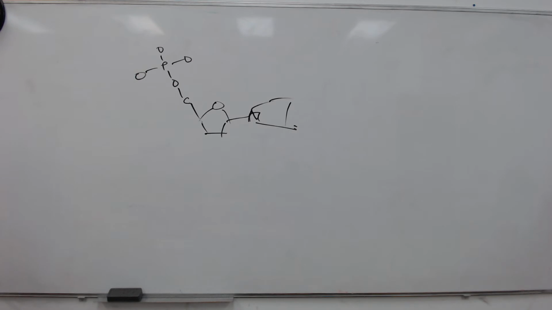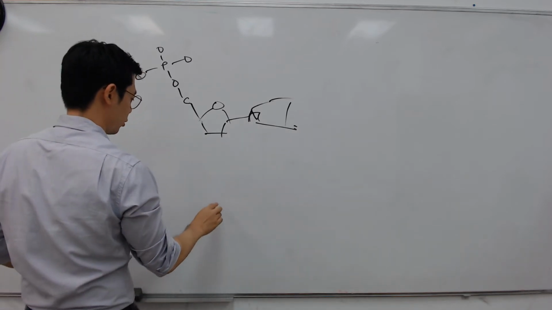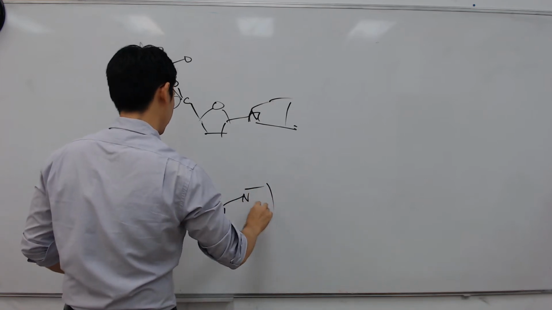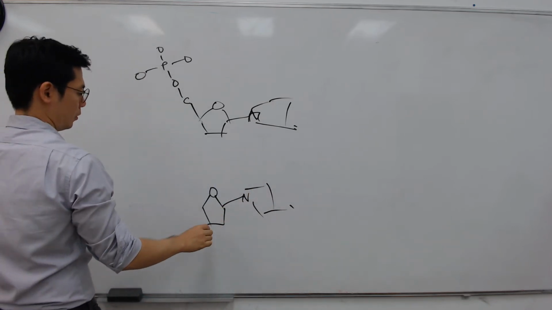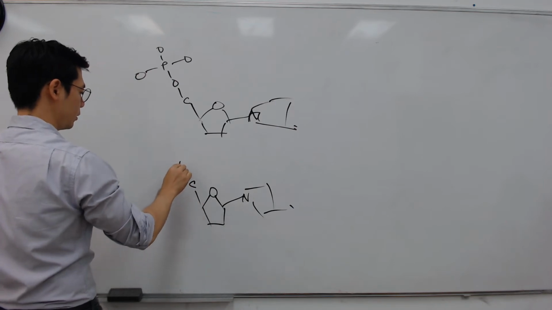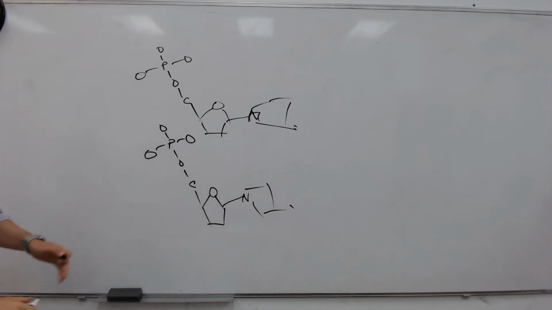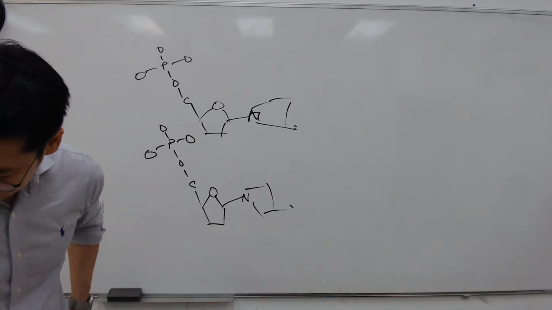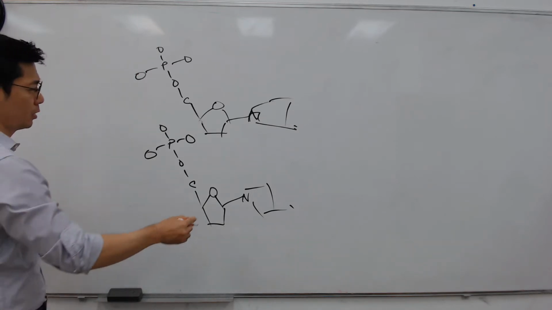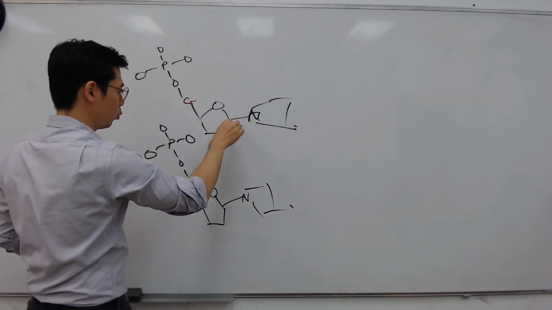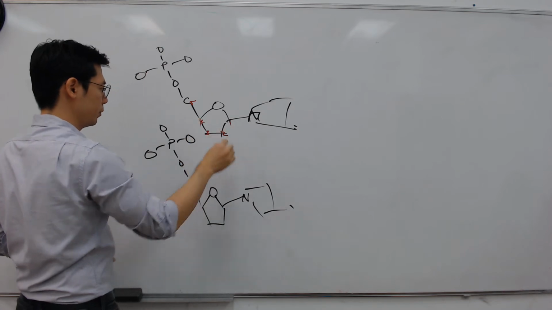And now there's a second base I'm going to draw here, and then there's carbon here, oxygen, phosphate, oxygen. It's a second base. So you can kind of see where this is going. This is the fifth carbon, and this is carbon number 1, carbon number 2, carbon number 3, carbon number 4.